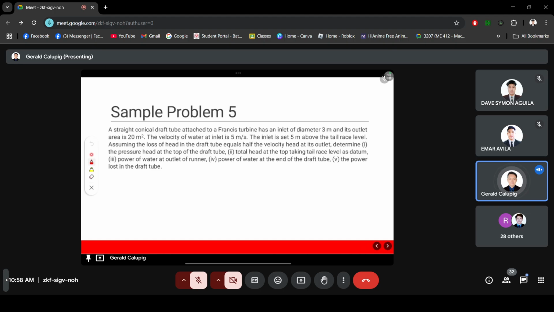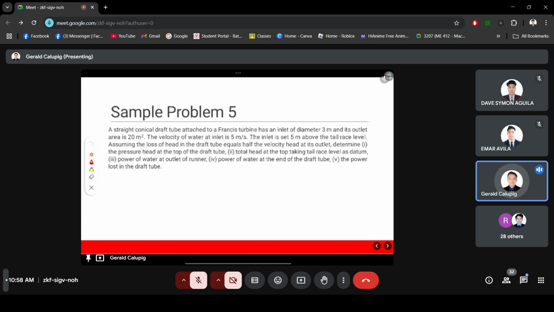So first, you need to check nyo muna kung available lahat ng data. Okay, for the draft tube theory, ang tinatanong sa atin dito is your pressure head at the top of the draft tube. So you need first here the velocities. Okay.